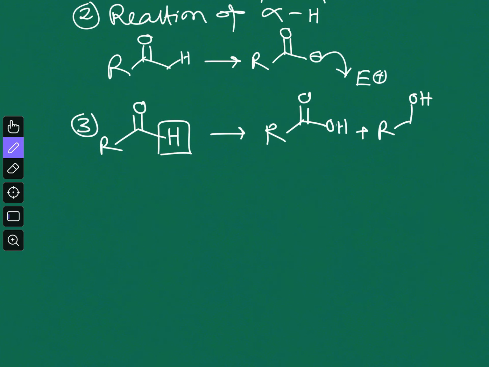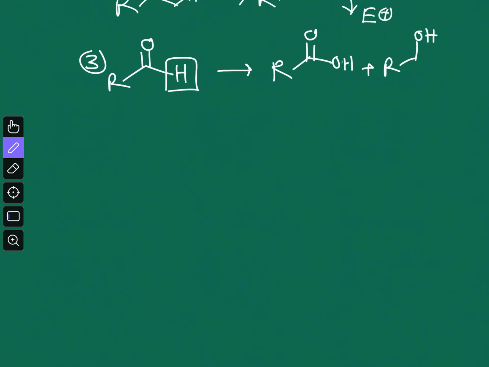Now let us see what are the important orbitals, or what are the frontier molecular orbitals which are there in carbonyl functional group and how they participate in the reaction. So the main molecular orbital which is there in the carbonyl functional group and which is responsible for all of its reactions is the pi star orbital on the carbonyl group.